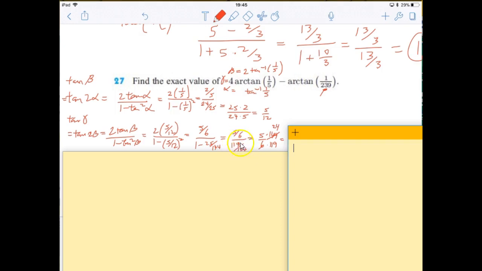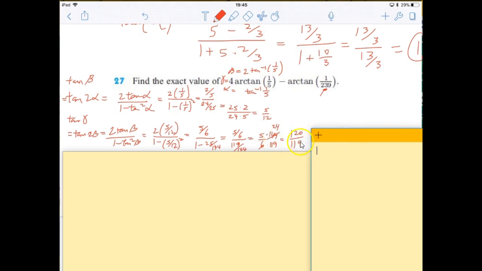Then we're going to invert and multiply, so the 144 becomes the numerator, 119 stays on the denominator. We can cancel out the 6 with the 144. 6 times 24 is 144, so we cancel that out, and we're left with 24 here. Then we're going to multiply the top. 5 times 24 is 120. The bottom is just 119 because the 6 canceled out. So the tangent of gamma, or the tangent of 2 beta, is 120 divided by 119.